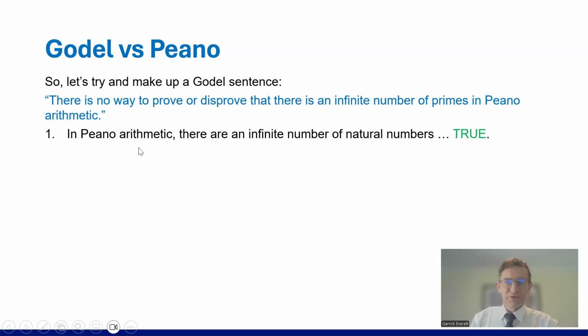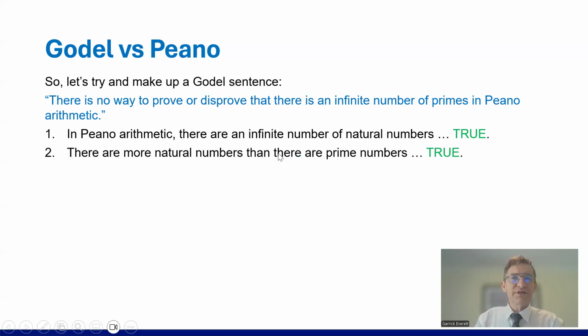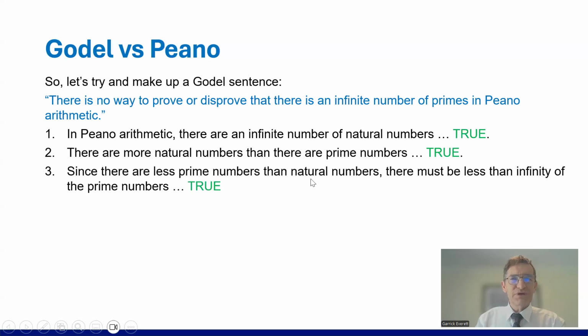So let's go through some logic steps to prove or disprove this sentence. In Peano arithmetic, which we just looked at, which is just those 5 axioms, there are an infinite number of natural numbers. True. Now that's obvious. There are more natural numbers than there are prime numbers, and that's also true. Since there are fewer prime numbers than natural numbers, there must be less than infinity of the prime numbers. Right?